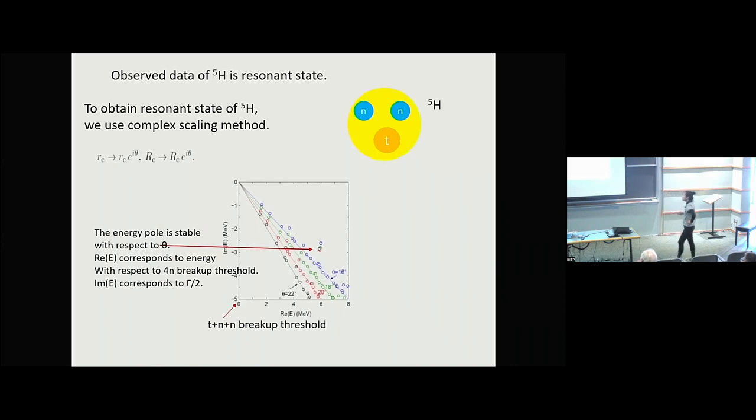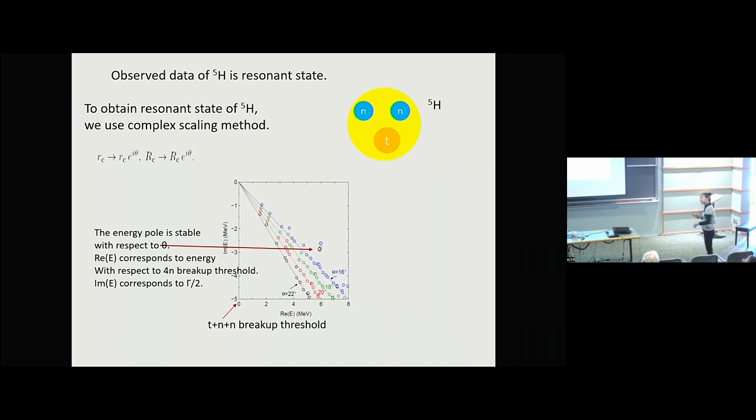Therefore, in order to obtain the resonance state of hydrogen 5, here we use the complex scaling method. Here we have the radial parts for the small r and capital R. Then we scale each by exponential i theta, and this theta is a scaling parameter.